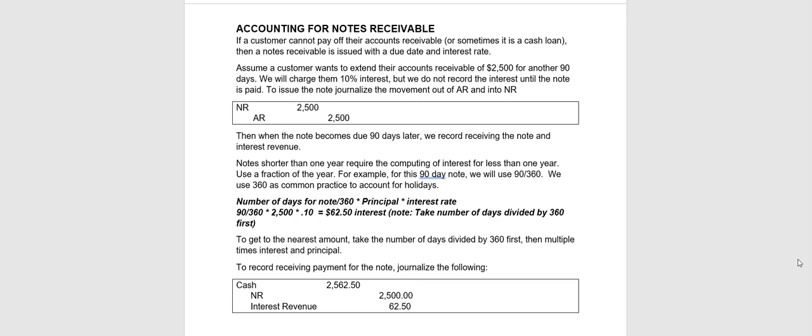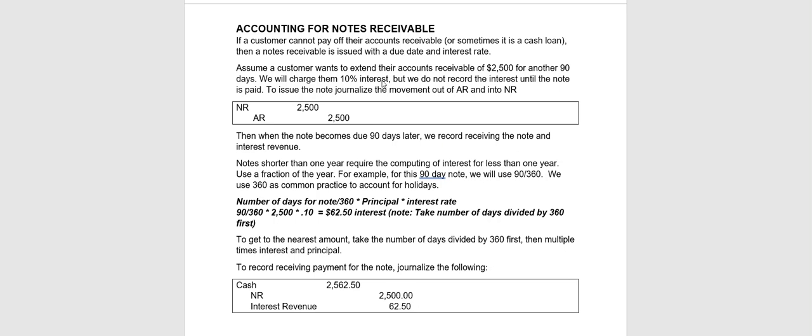And you will say, certainly, but we are going to charge you 10% interest. So therefore, at the time that Joe takes the note out, you will debit notes receivable and credit account receivable just for the amount of the note itself. You will note that it will charge 10% interest, but you will charge that interest when he pays the note.